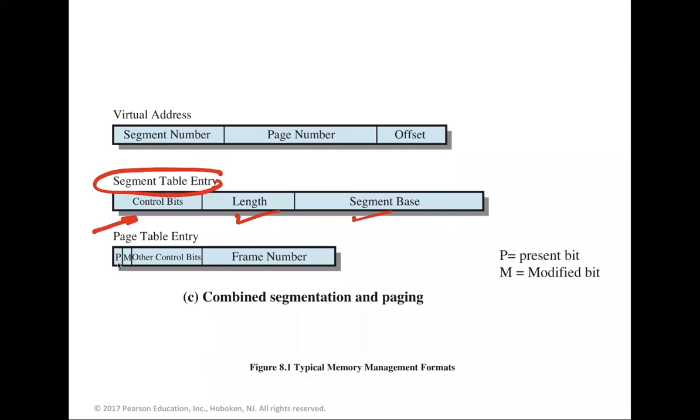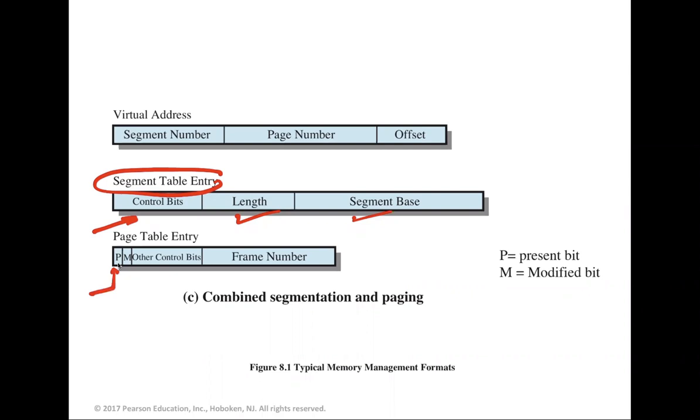The page table entry is essentially the same as we have seen before in a pure paging system. Each page number is mapped to a corresponding frame number, if that page is present in the main memory, which means we still need the present bit in the page table entry.